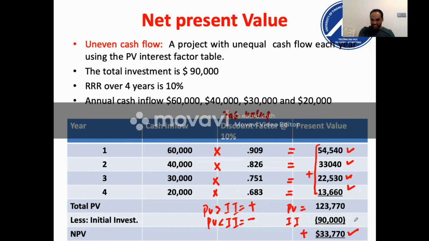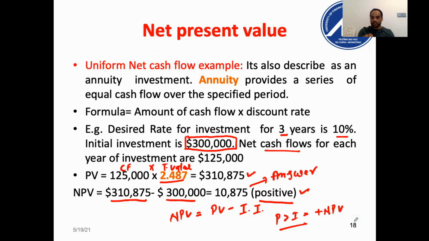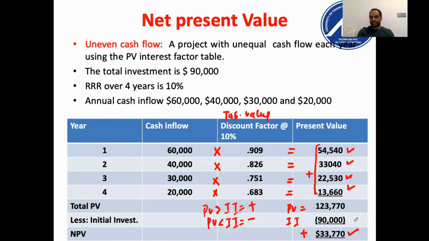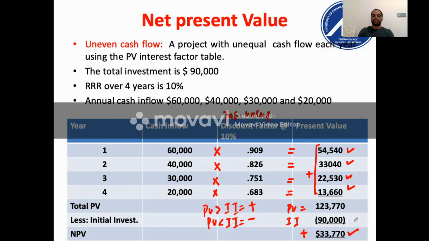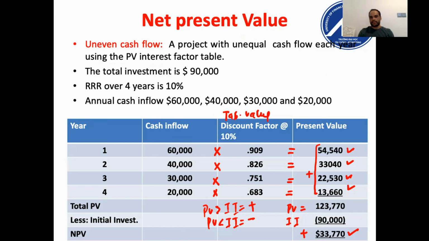If you compare this project, whose NPV is 33,770, with this project, whose NPV is obviously 10,875, we will select this project because NPV is higher than the other project. That is the idea to calculate NPV using table method.